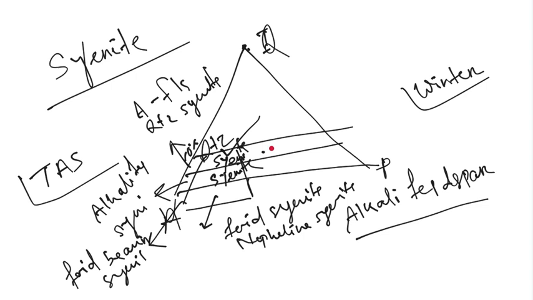If it is less than 5%, then it will be called syenite. If alkali feldspar content is greater than 90%, it is called alkali feldspar syenite. If quartz percentage is 5 to 10% and alkali feldspar is greater than 90%, then it is called alkali feldspar quartz syenite. So easily you can classify syenite.